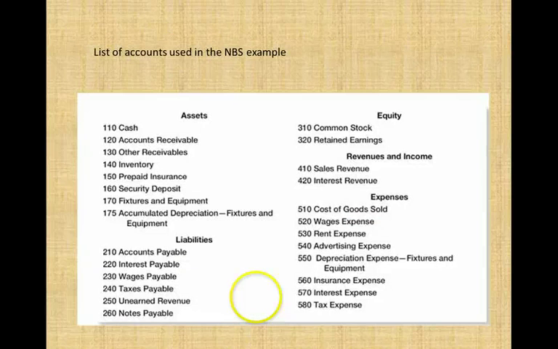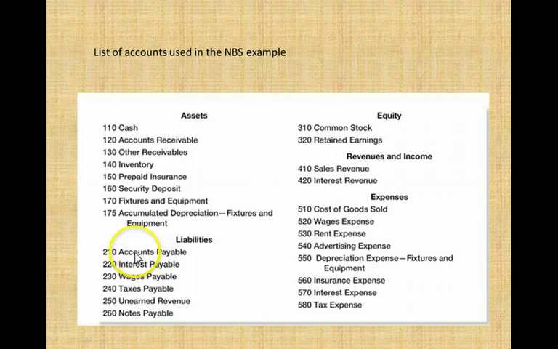So before we take a look at a few of the transactions in the NBS example, note the various accounts that will be illustrated and used inside the example, and this particular chart is presented on page 47. So here we have a list of various assets. Notice we have cash, and then we have a series of non-cash assets that are itemized here.